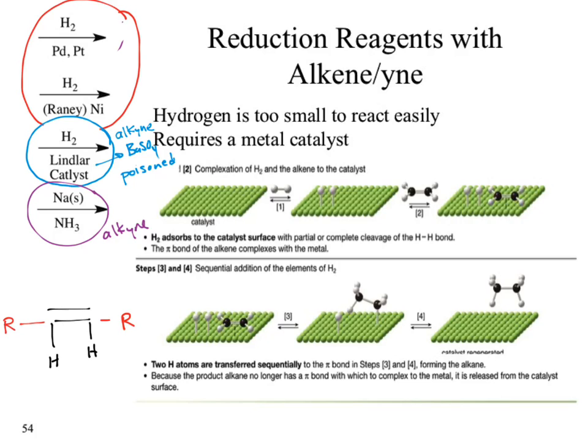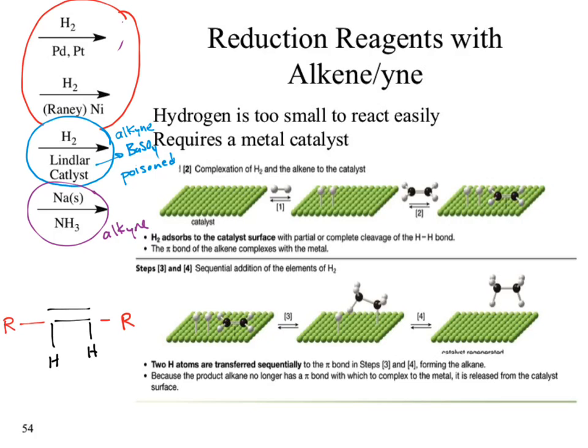Bad, because it would be H minus. That ain't good, which means it tacks on the same side. Because Lindlar's is doing the exact same thing, it's adding the hydrogens on the exact same side, which means the product I would get would be cis.